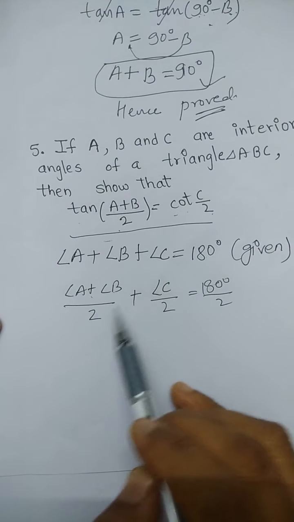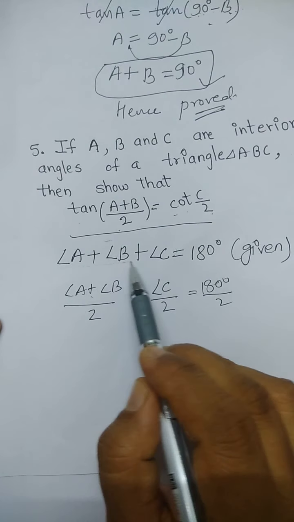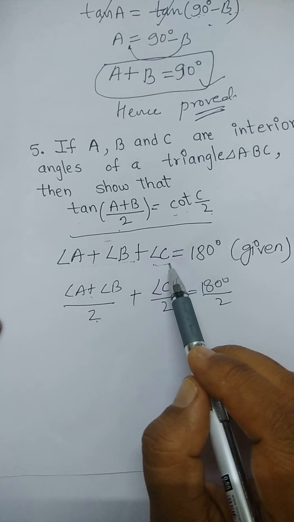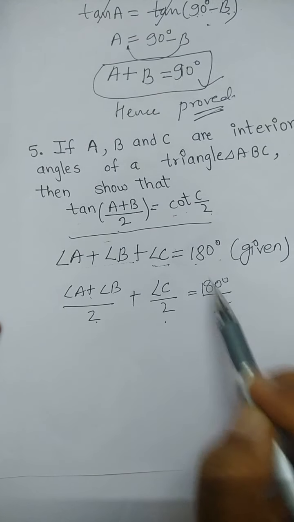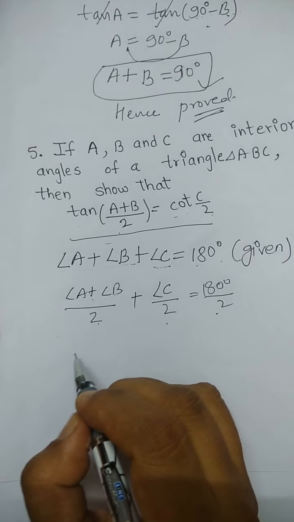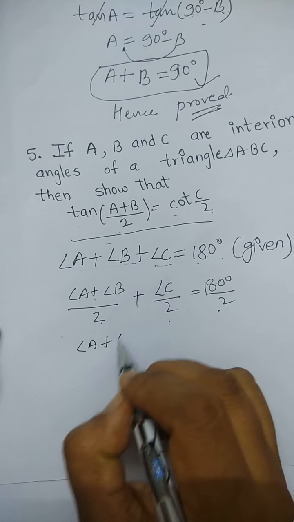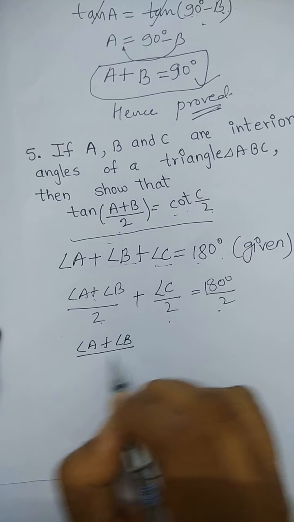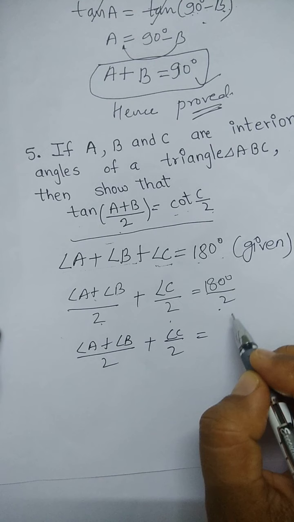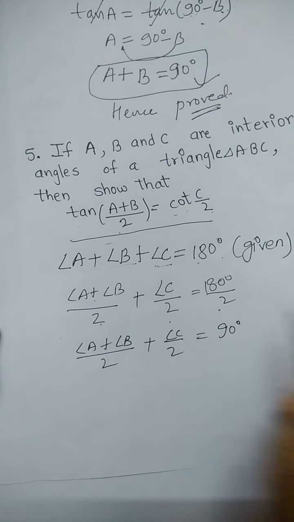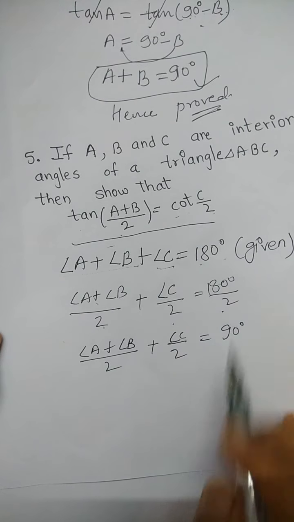So A plus B, then C we are taking here. All the terms we are dividing by 2. So angle A plus angle B upon 2 plus angle C upon 2 equals 90 degrees, since 180 upon 2 will be 90 degrees.